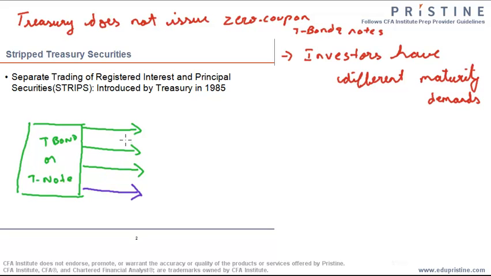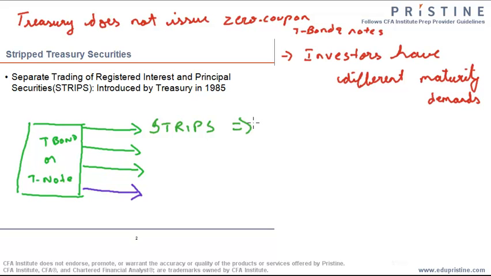What these investment bankers and dealers did was they converted each and every cash flow from this treasury bond into a separate security. That is, they created a new security out of this, right, and called it strips, right?